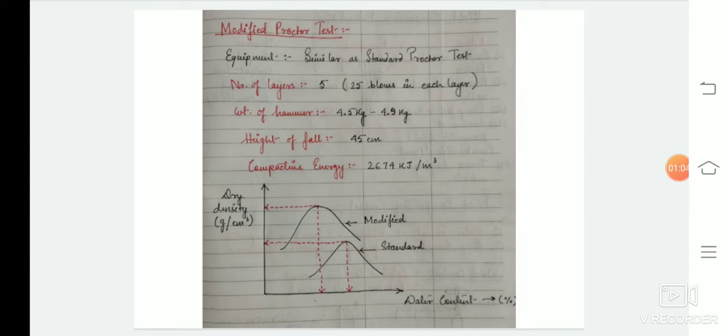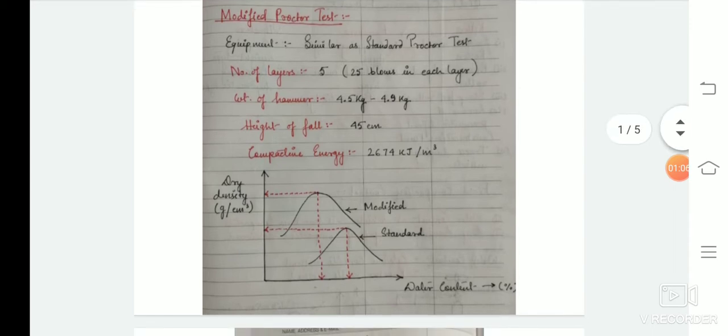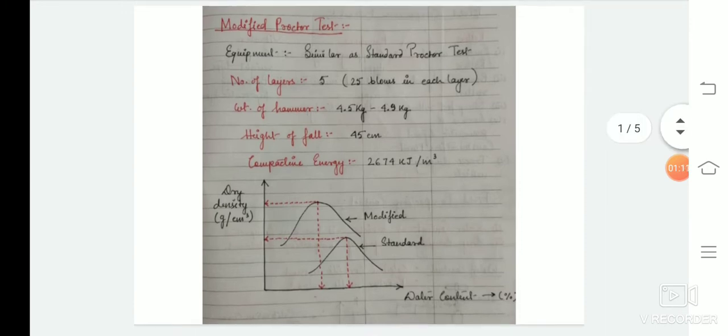test. In this test, the soil is compacted in the standard Proctor mold but in 5 layers. In the standard Proctor test, we maintained 3 layers, but here the number of layers is 5.